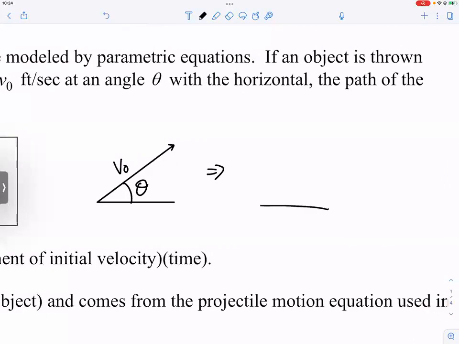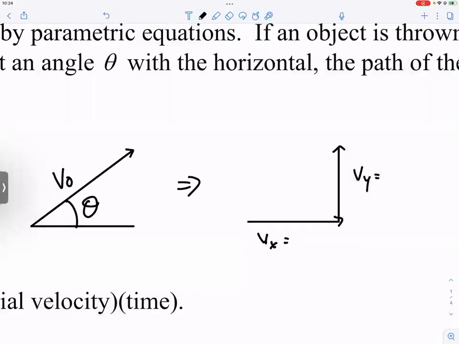We're going to split it into Vx and Vy. How do we get Vx and Vy? Just like with the unit circle, how do you get your X value? Hypotenuse times cosine theta, that's your X value.